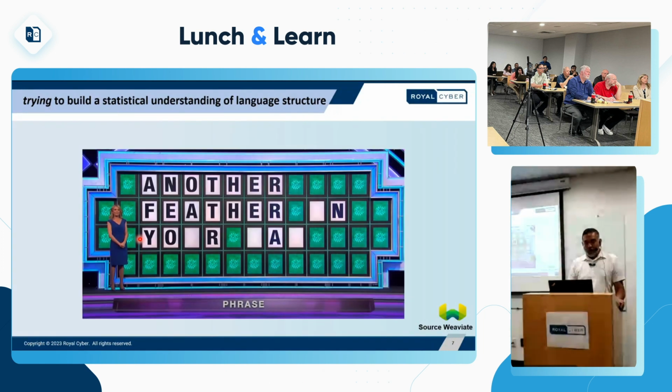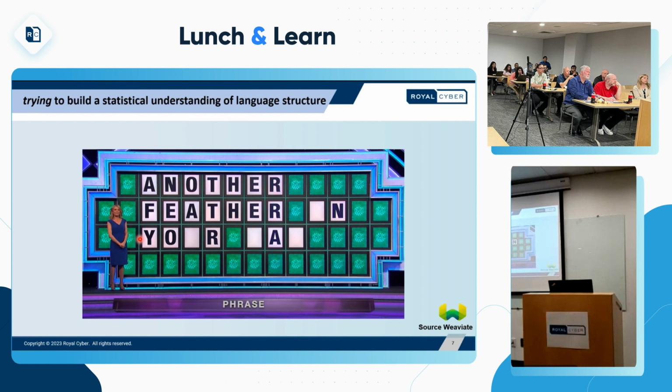How many people have seen this picture before, Wheel of Fortune? If somebody wants to try to guess this, I will give a Starbucks gift card. Another feather in your cap. Yes, in your cap, or in your hat, is also a good one.